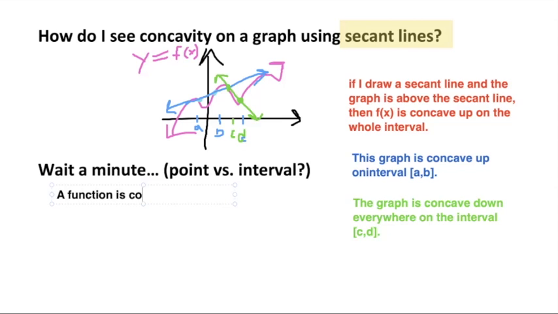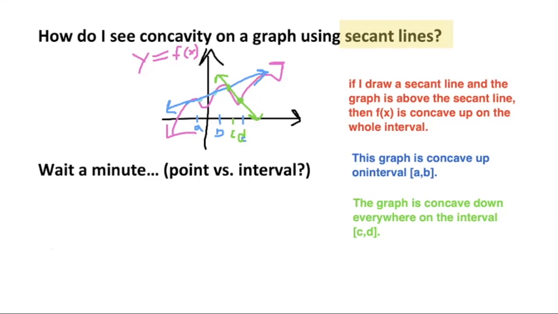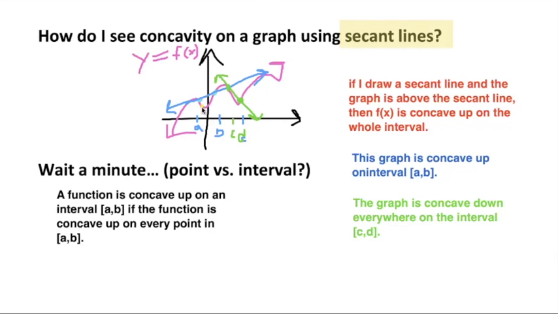A function is concave up on an interval AB if the function is concave up at every point in AB. So that's the relationship. And you can see that if I went back to my tangent line criterion, if I drew a tangent line at any point in this interval AB, I'd see the curve be above that tangent. That can be a little bit hard to remember because concave up is above for tangent lines and below for secant lines, but it's just something that you get used to.